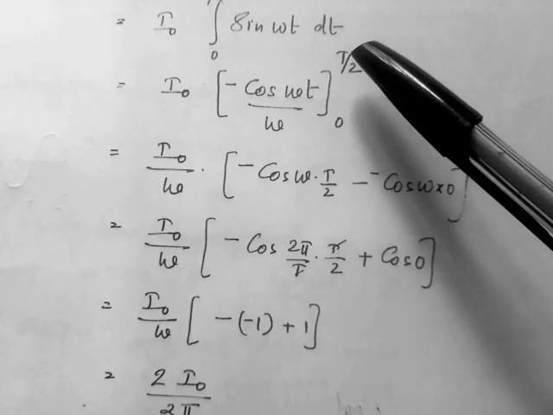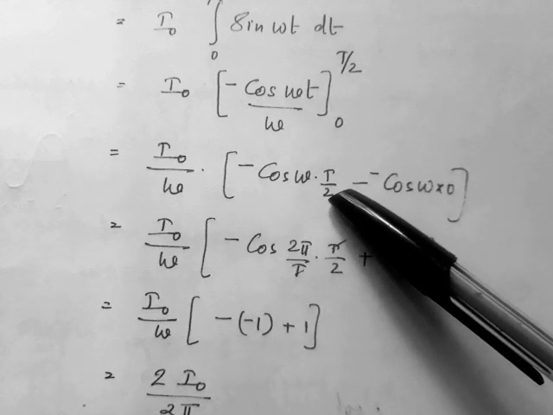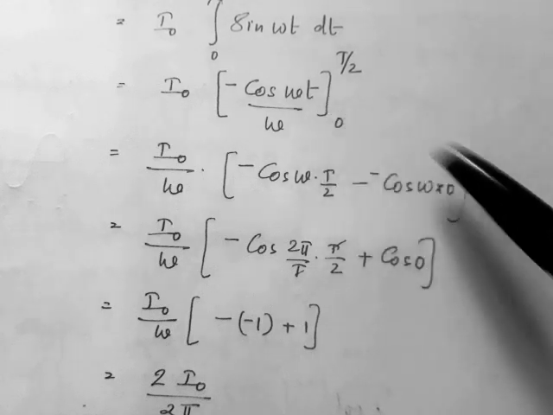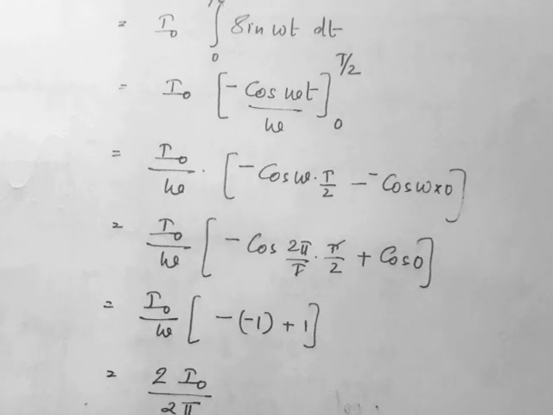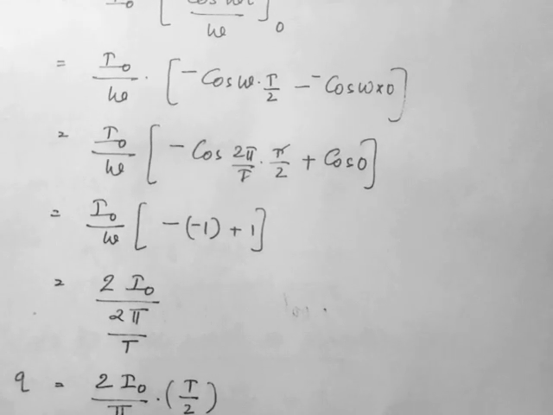First we substitute this T by 2 as t here, so we get minus cos omega into T by 2, minus, next we put this 0 as t, so minus cos omega into 0. So here we get I0 by omega times minus cos.